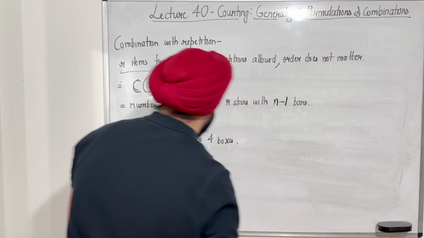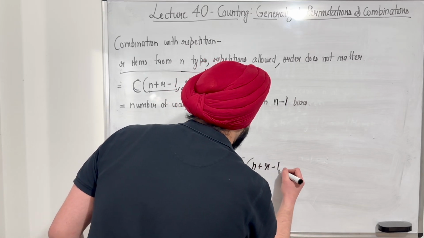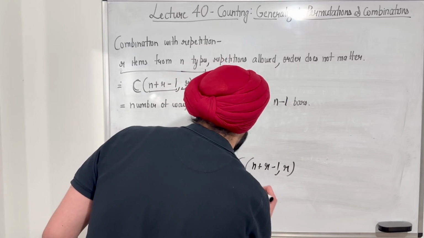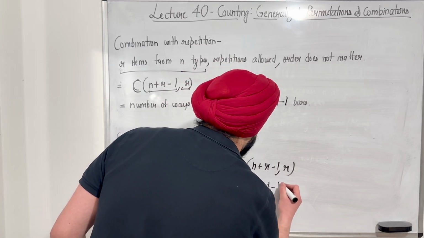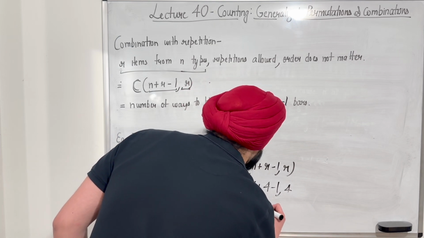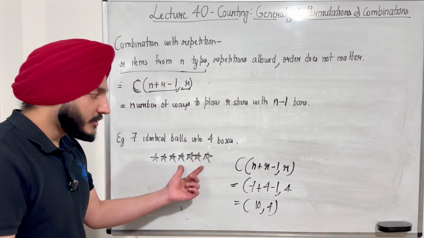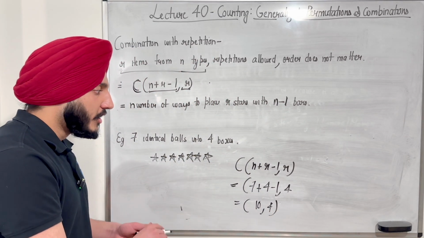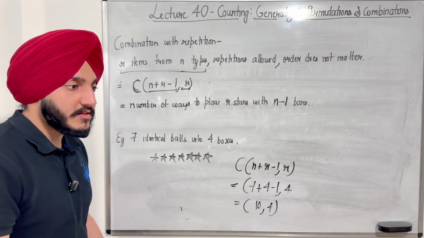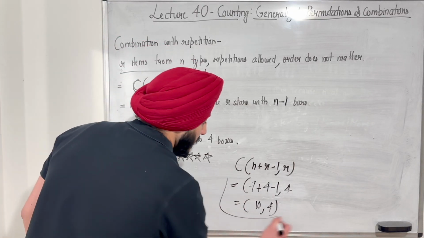So my answer basically comes down to C(n plus r minus 1, r), which is going to be n in our case is 7, plus r, which is 4, minus 1, comma 4, which is 7 plus 4 minus 1, which is C(10, 4). So 7 balls, 3 bars, which is 10 positions. All we need to figure out is if I have 10 empty boxes, how do I place 3 bars into them, which is the formula that comes down to this over here.